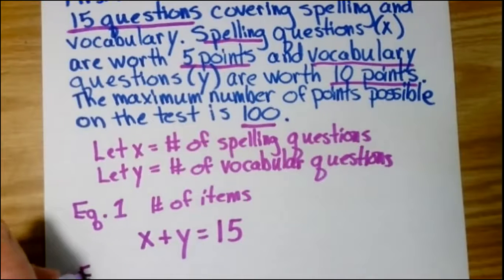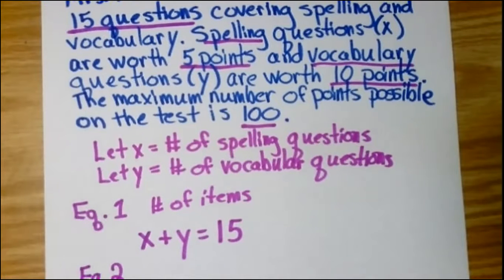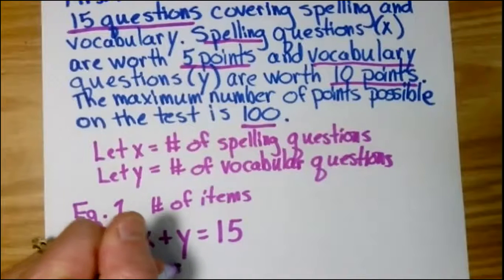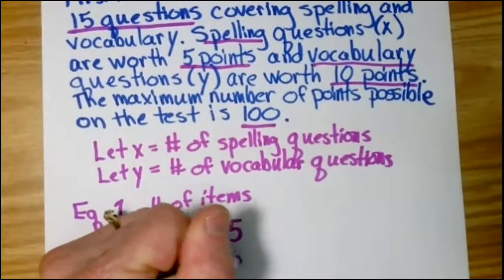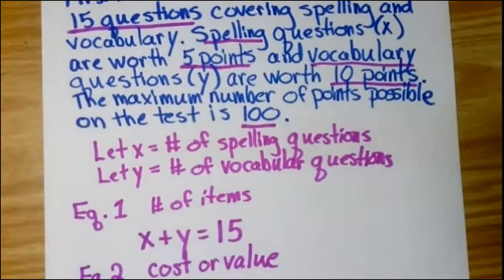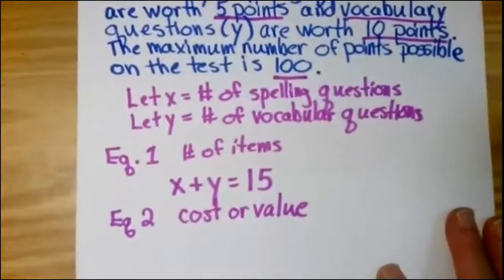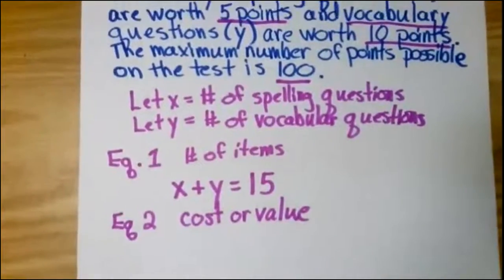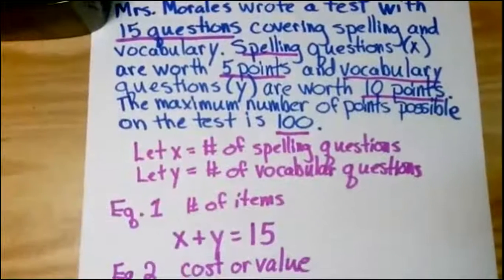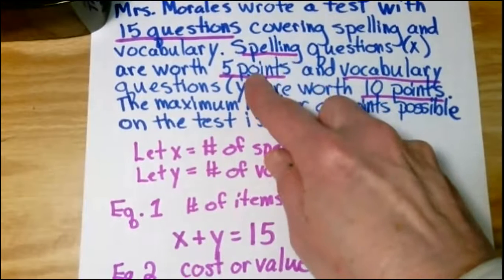Equation number 2 always has to do with, what did I say? Some kind of cost or value. I'm going to add the word value because in our case, this question isn't dealing with cost, but it's dealing with value. We go back up here for a minute. What is the value we're talking about? The spelling questions are worth 5 points.